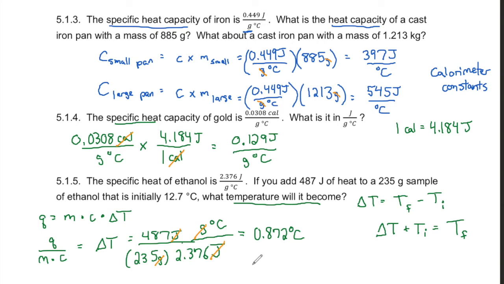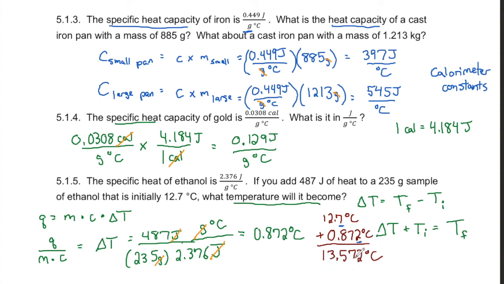And this ends up being a fairly small temperature change. It's only 0.872 degrees Celsius. So let's go ahead and add that to our original temperature. When we add 0.872 degrees Celsius to our original 12.7 degrees Celsius, our calculator tells us 13.572 degrees Celsius.